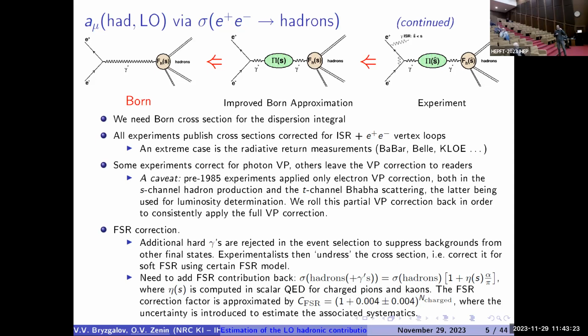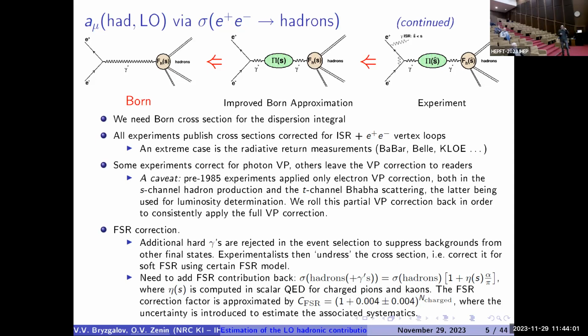So to obtain the Born approximation for the cross-section, we must correct the published cross-section for vacuum polarization, unless the experiment authors did that themselves or did this partially. Then we must add back final state radiation to account for additional photons in the final state, which is a part of the total cross-section.